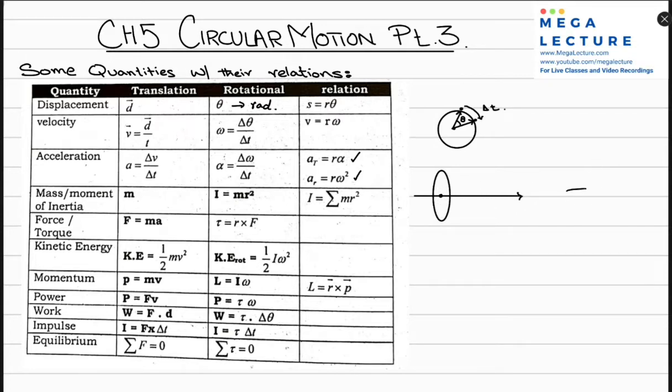Maybe you could have something like this, rotating about this axis. Then you would have some other moment of inertia for this object. So that means that the moment of inertia is defined with respect to a specific rotation axis. And you can relate the moment of inertia with mass by simply summing over all the m r squares, where m is the mass and r is the position vector.